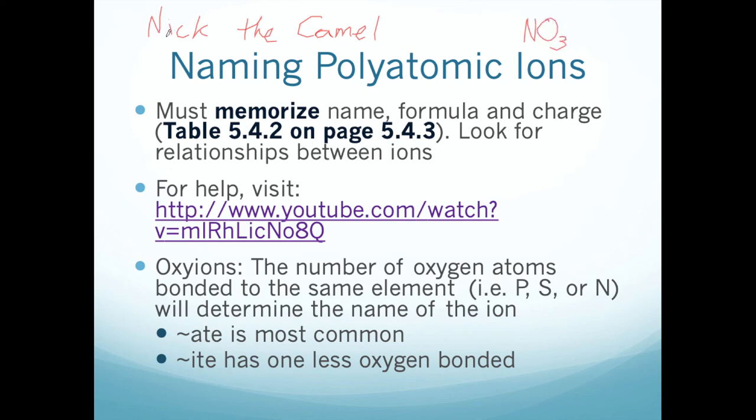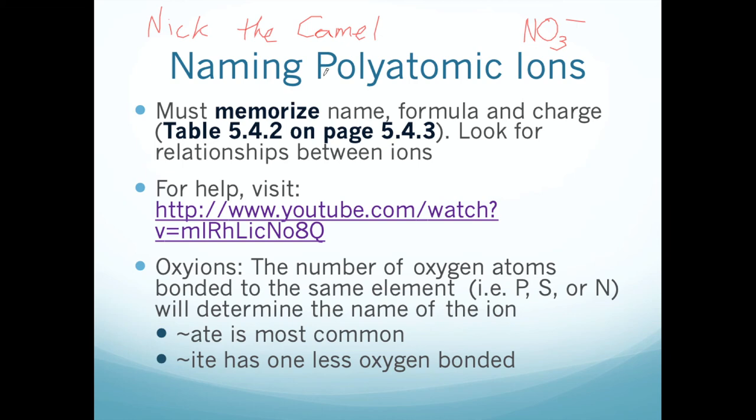The number of vowels, in this case only 1 vowel, the I, tells you the charge on your ion. So nitrate has a -1 charge. Okay? Each of those words in that sentence will help you remember the polyatomic ion. So again, when you have time and you're trying to learn your polyatomic ions, that might be an avenue to explore to help you memorize it.